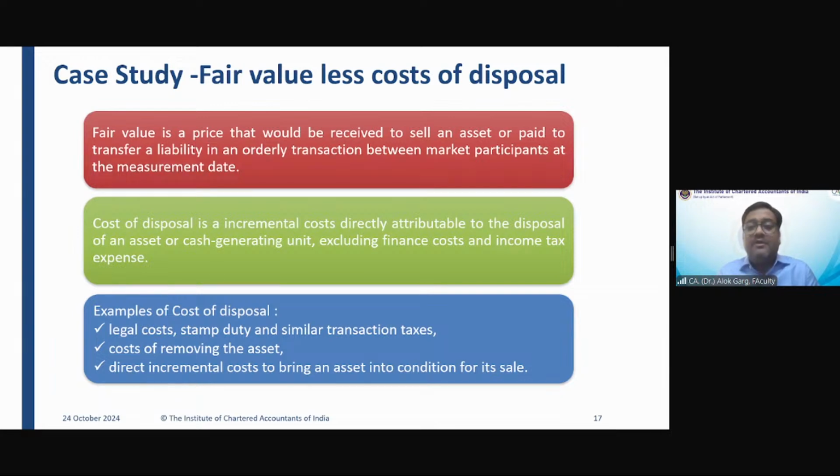Why? Because after getting a valuation, you may decide not to sell the asset. But stamp duty and transfer charges will be incurred only when you sell the asset. So cost of disposal is an incremental, directly attributable cost which will come when you sell the asset, and which will not come if you do not sell the asset.